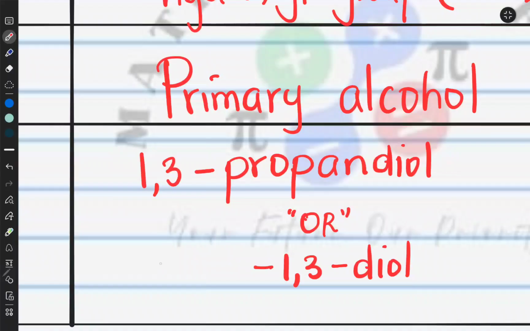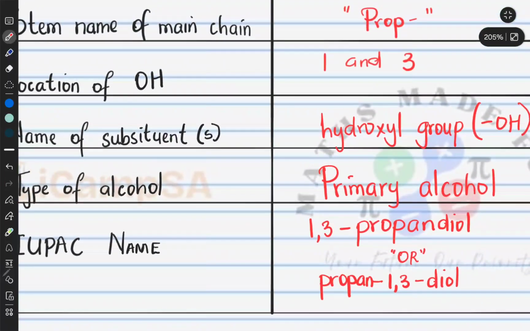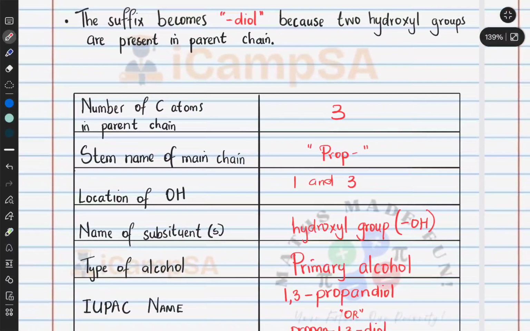It's actually propan, sorry. Propan-1,3-diol. So this is how we would name a diol, or an alcohol that happens to have 2 hydroxyl groups in its main chain.